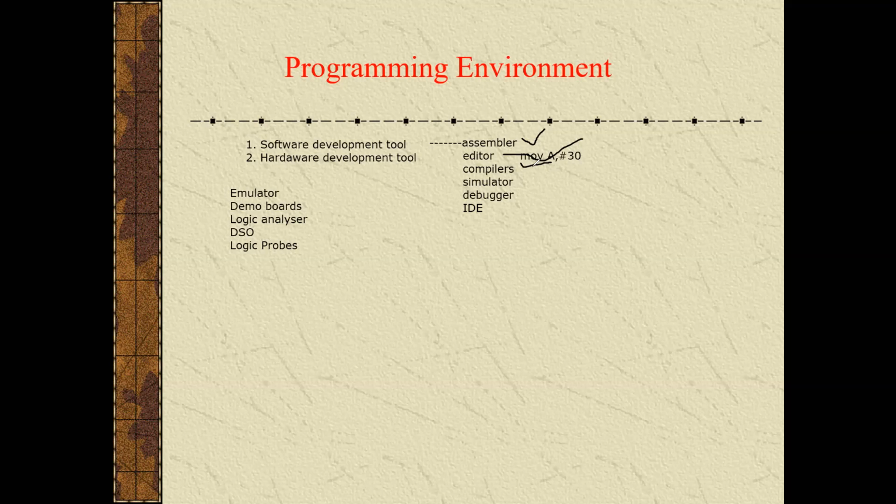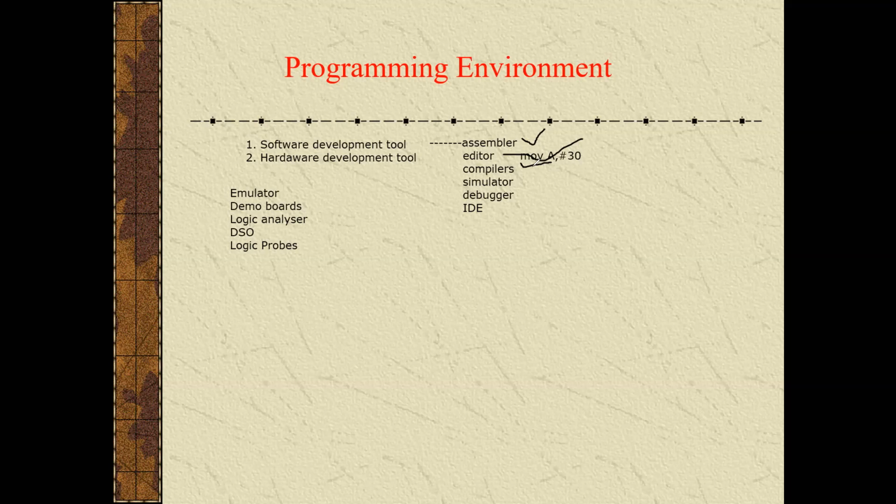Next, we have to see the cross assembler and cross compiler. What is the operation of these? The special feature of the cross compiler is that it is not written in the same language that is used by the microcontroller that executes the machine code generated by the assembler.